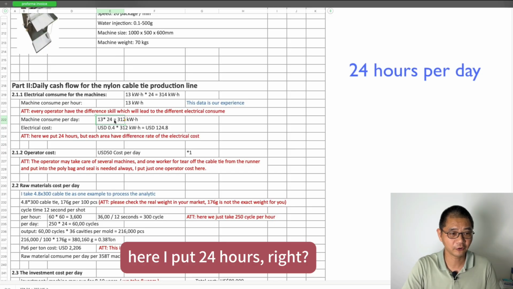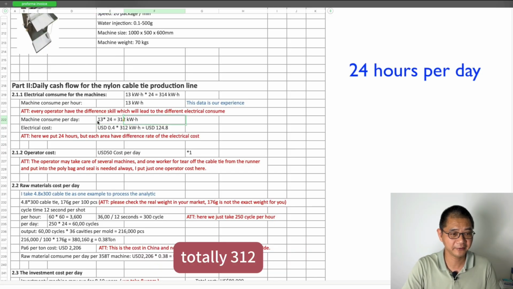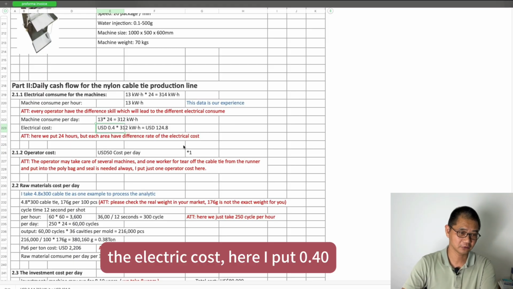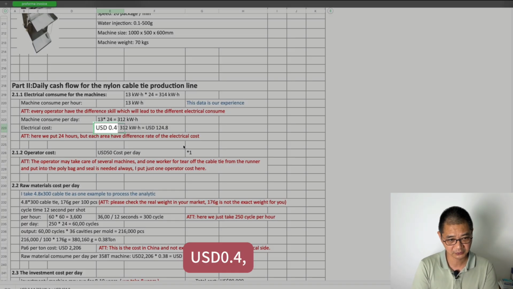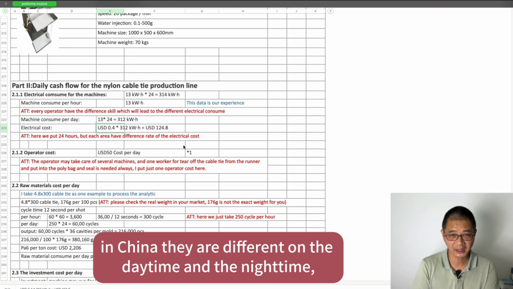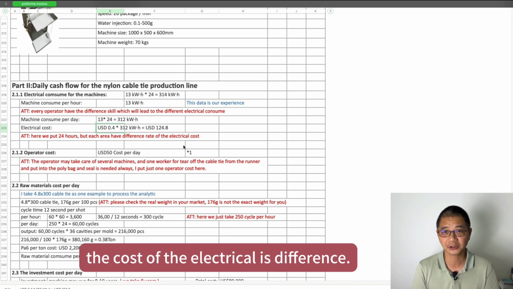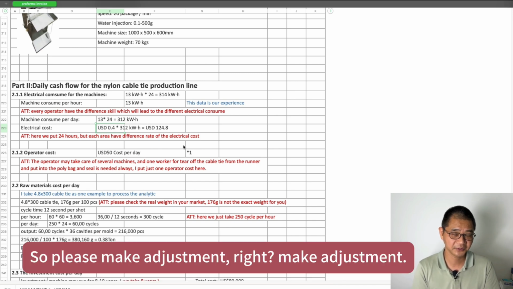Here I put 24 hours, right? Totally 312. For the electric cost, here I put 0.4 US dollar. And in China, it is different. On the daytime and the nighttime, the cost of electricity is different. So please make a judgment, right?